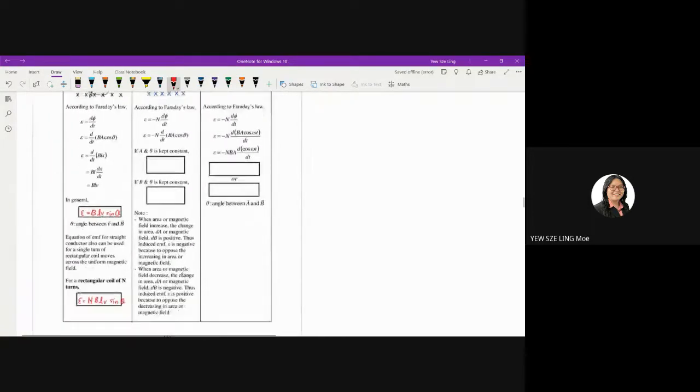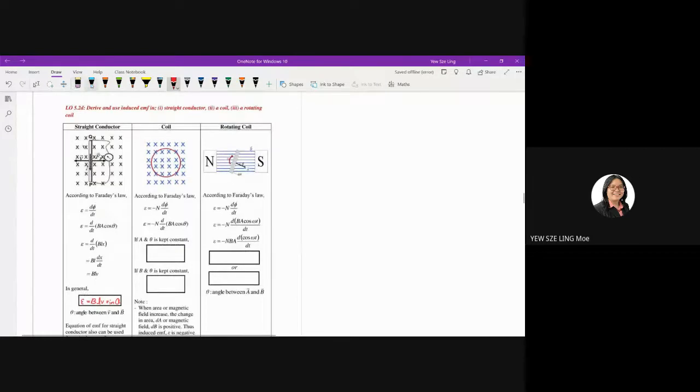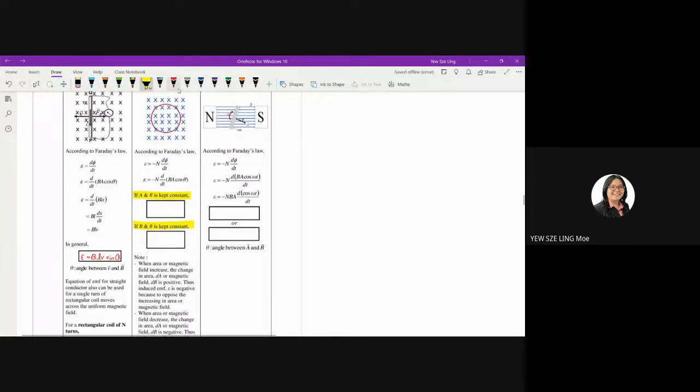Now for the second case, we had 3 experiments just now. You have 3 examples where you can use it in a calculation: straight conductor, coil, and rotating coil. Now what can we do to a coil? We can either change the B and keep A constant, or change the A and keep B constant, because magnetic flux equals BA cos theta. So we see what variable we can change.